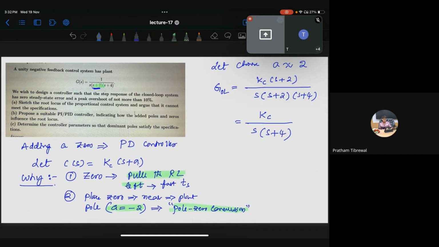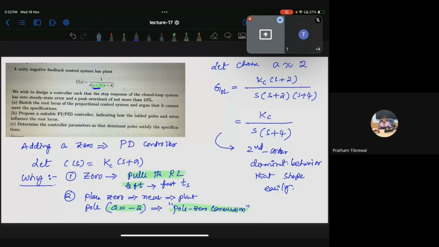This gives us second order dominant poles, so the dominant behavior we can shape easily. That is one of the advantages.